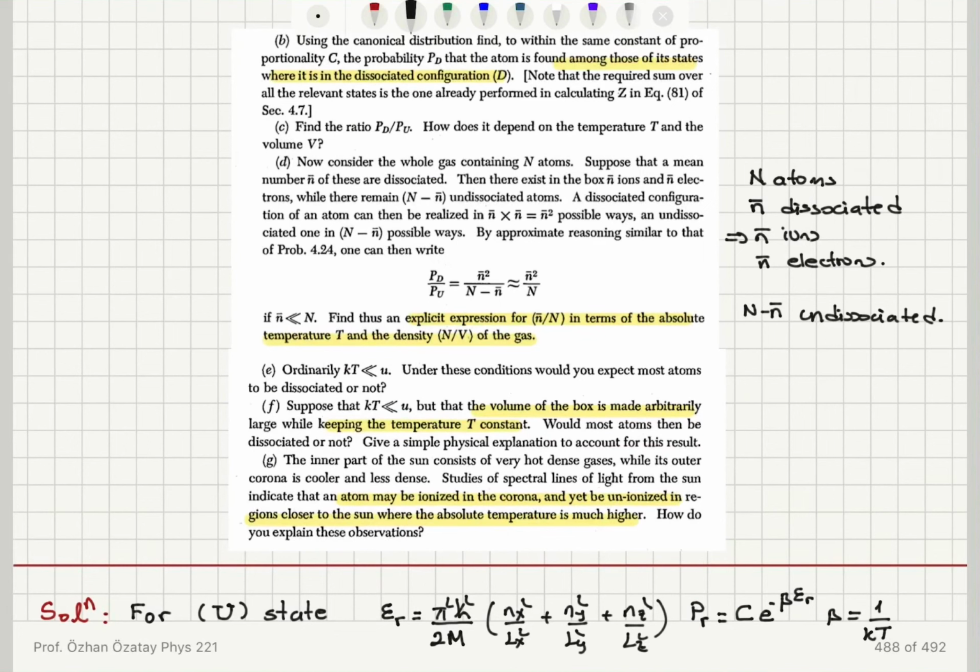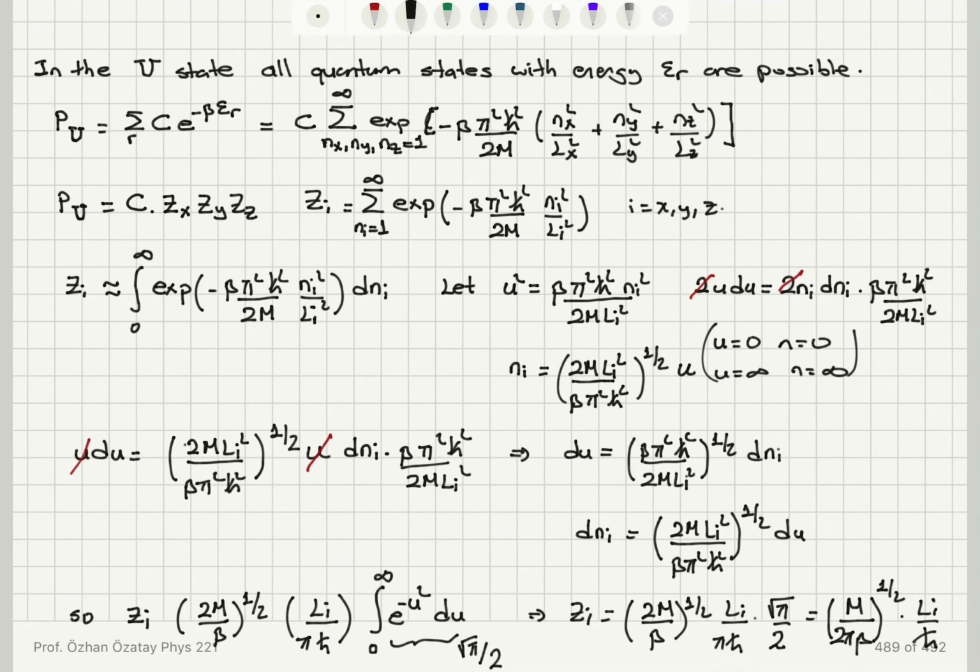Now we looked at the probability of having an undissociated atom. So you have to find the corresponding energy levels, and we have the particle in a 3-dimensional box states. The energies were calculated. The corresponding probability is the canonical distribution, C times e to the minus beta E_r. And to be undissociated, we need to take into account the possibility of being in all r. r goes from 1 to infinity, all possible states.